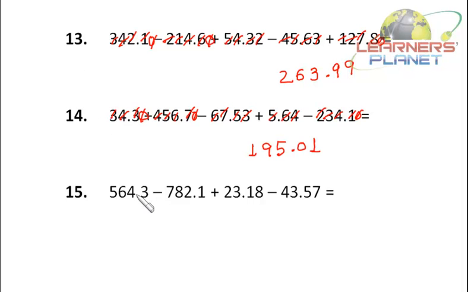Now in this problem, I put a 0 over here, I put a 0 over here. Now 0, 0, I'm having 8 minus 7, 1. Okay, then 3 minus 1, 2, plus 1, 3, minus 5, minus 2.